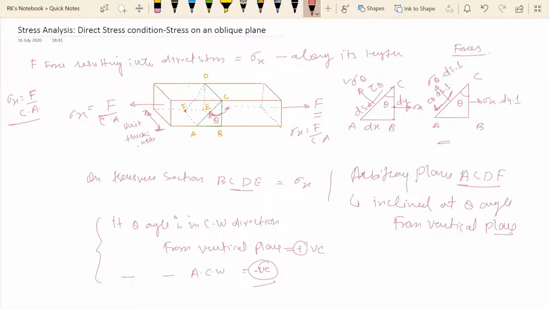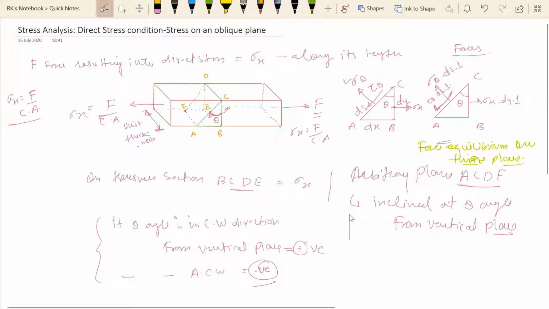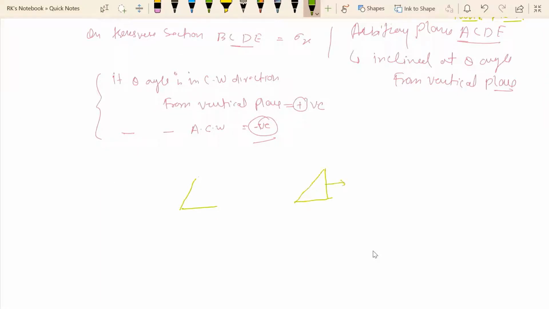Applying force equilibrium on these planes, this force is sigma x into dy, this is sigma theta into ds, and this is tau theta multiplied by ds, and this angle is theta.